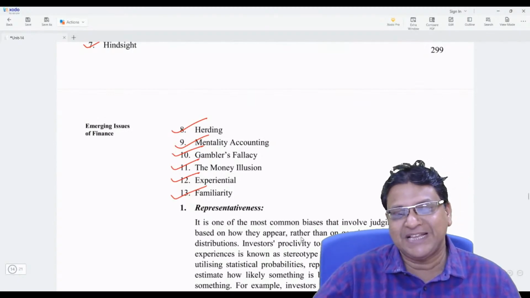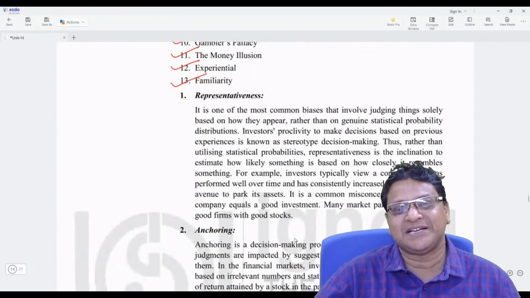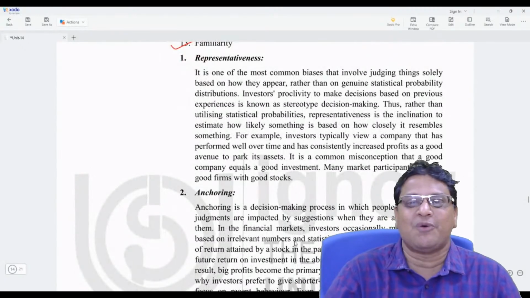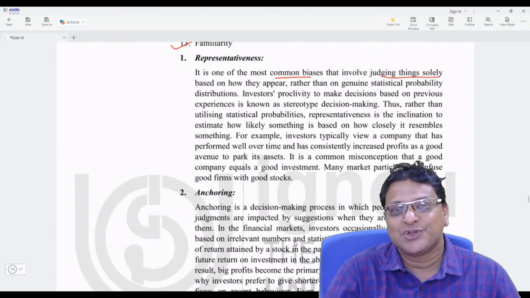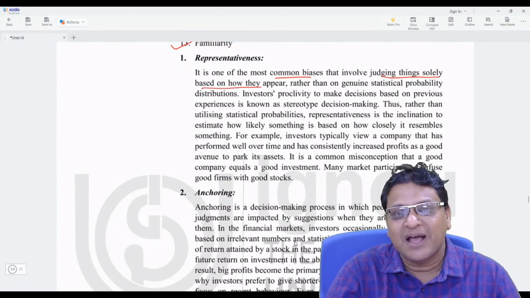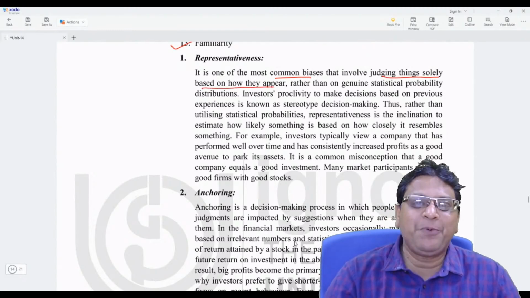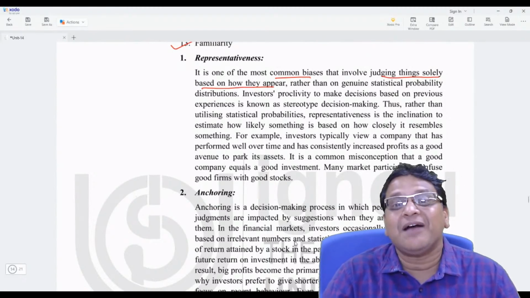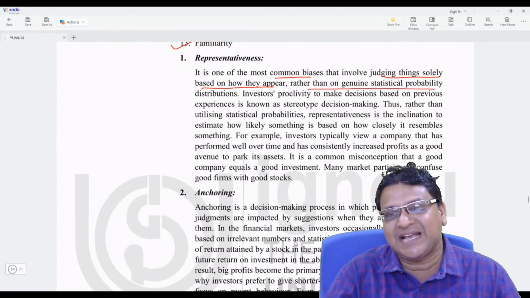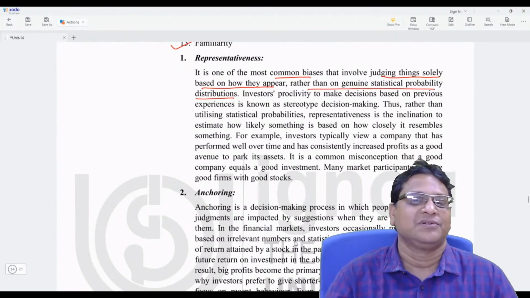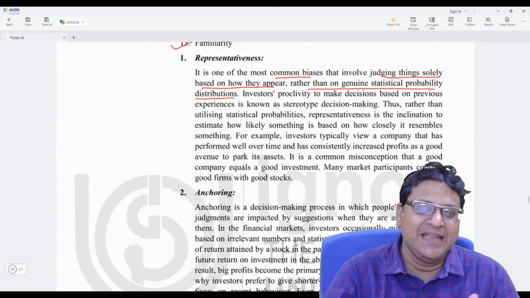First, representativeness. What is representativeness? It is the most common bias that influences judging things solely based on how they appear. People judge a thing by its appearance rather than a genuine statistical probability distribution.